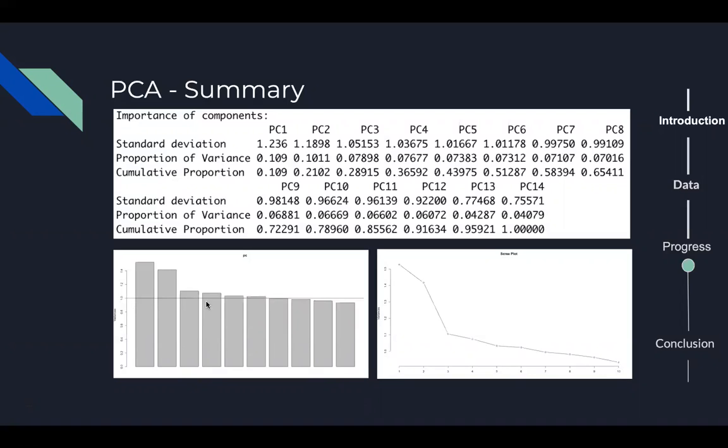Everything above the line here is recommended. So it's 1, 2, 3, 4, 5, 6, maybe 7. But here we can see the same thing: the first two drop significantly and then more evenly. Based on the analysis, I choose something in the middle, which is to choose only 4 components in my future analysis.